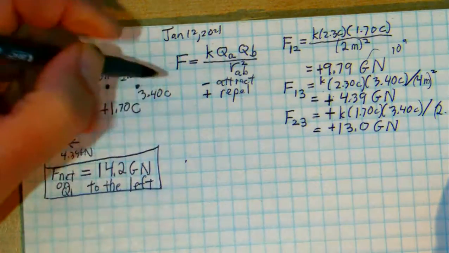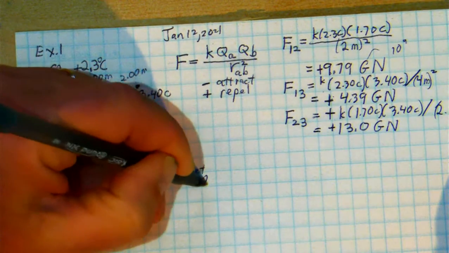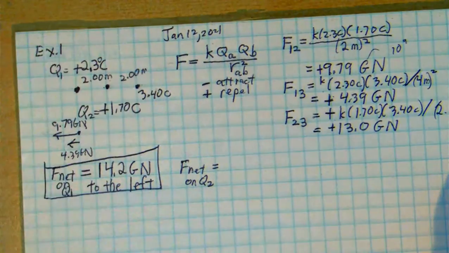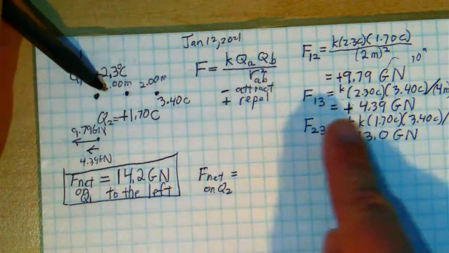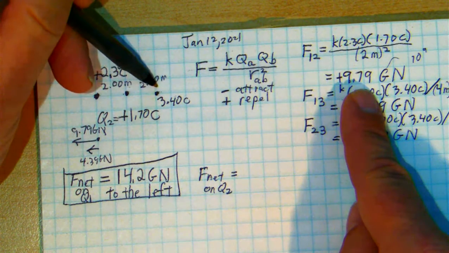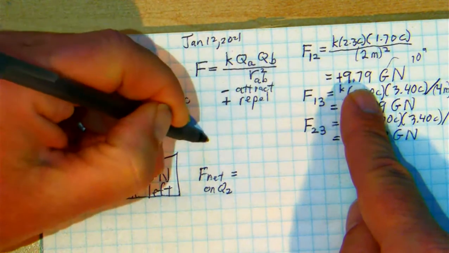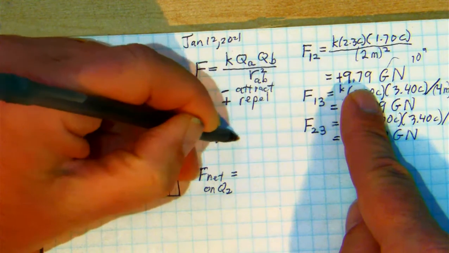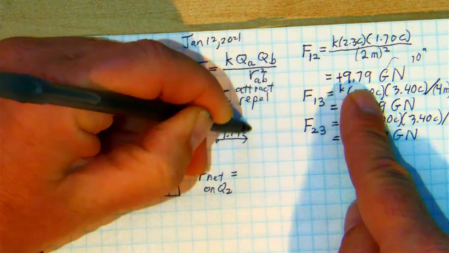The net force on Q2, so now you have to look at the geometry more carefully. Q1 is pushing Q2 to the right with a value of 9.79 giganewtons.